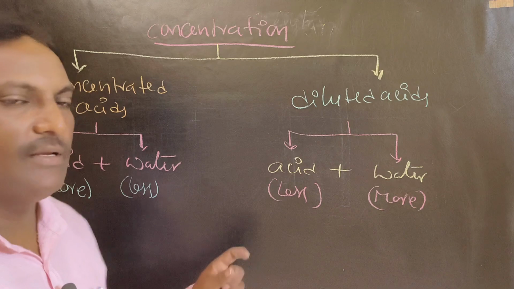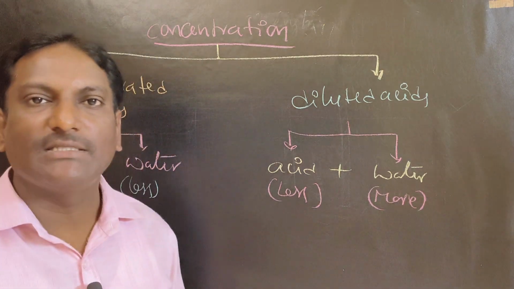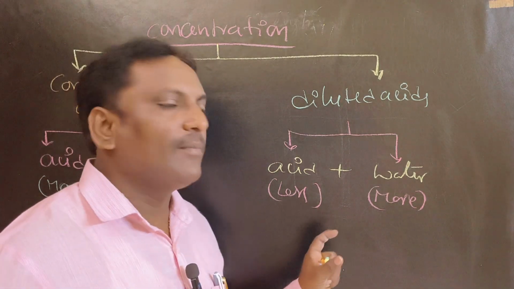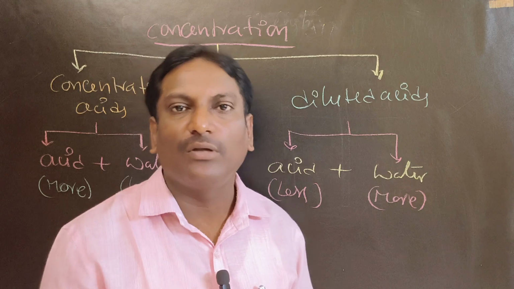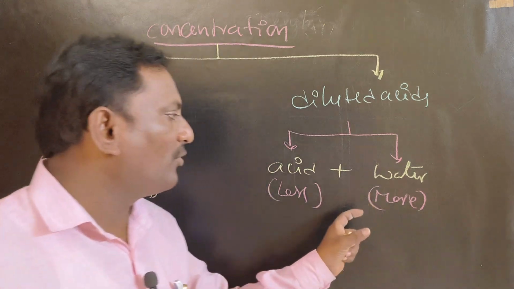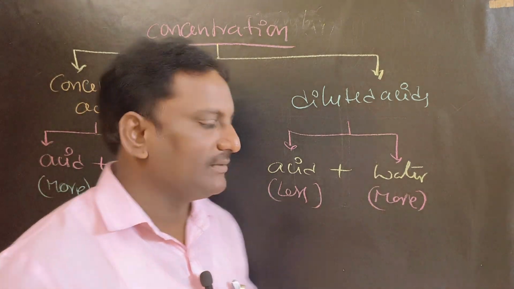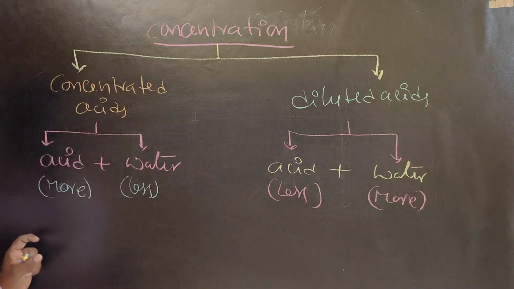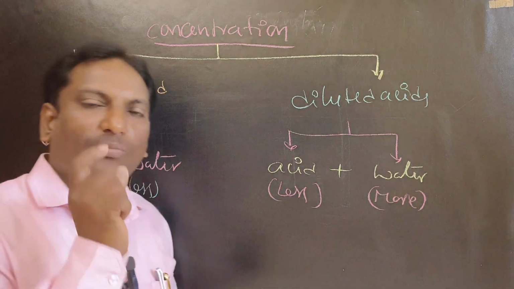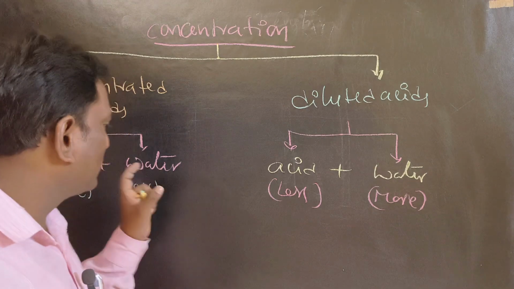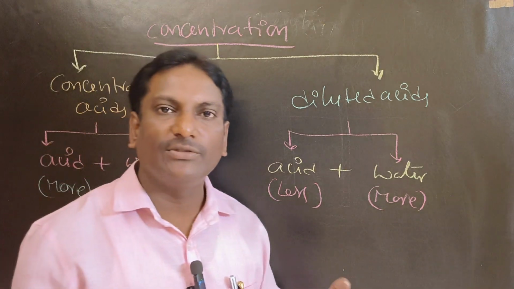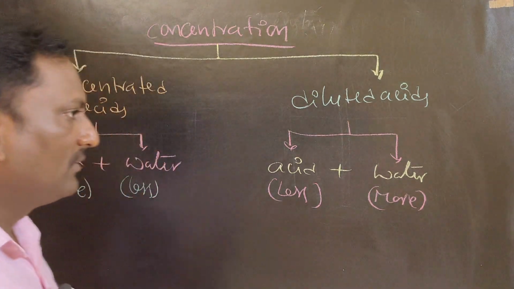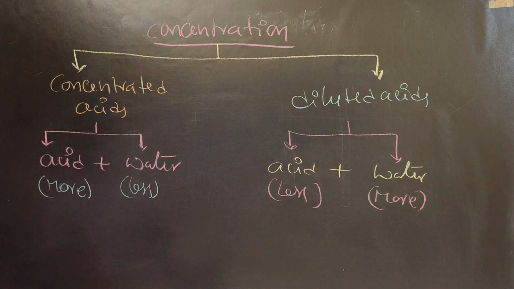That means diluted acids consist of more water and less acid, while concentrated acids consist of more acid and less water. Is it clear to you? Next one.